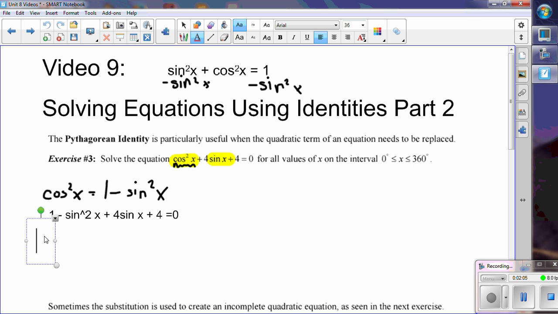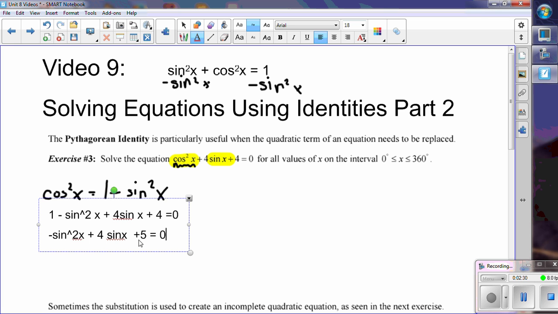The next thing you need to do is move the entire equation into a quadratic format. So if you do this, you're going to have negative sine squared x for your leading term plus 4 sine x. And then you have a 1 and a 4, so that's going to be plus 5 equal to 0.